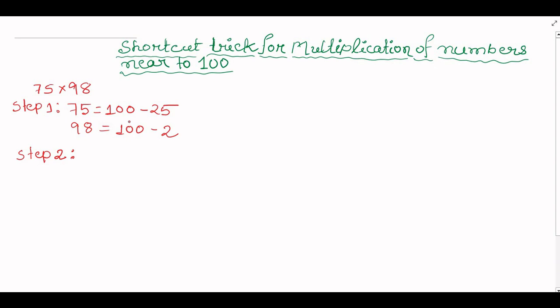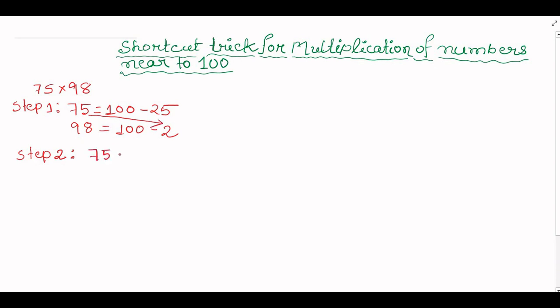in the next step, we have to subtract this 2 from 75. Either we subtract this 2 from 75 or we subtract this 25 from 98.